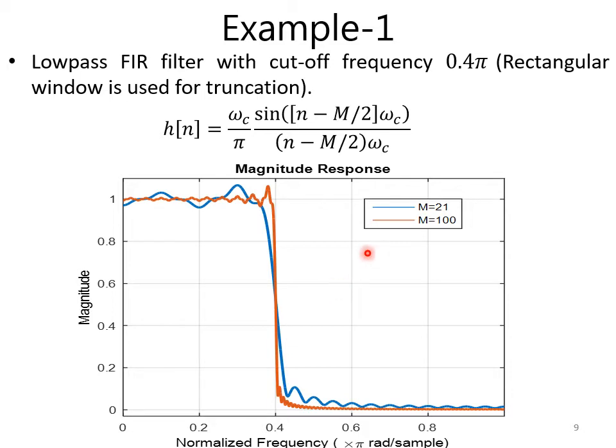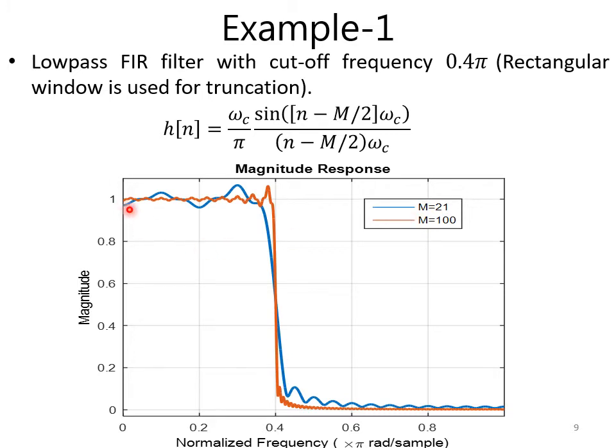So, let me just clarify using example 1 that we solved in the last lecture, in which we designed a low pass filter having cutoff frequency 0.4 pi with the rectangular window function, right? This was the impulse response, which is truncated as well as shifted M upon 2 units to the right, or delayed M upon 2 units. Now in this frequency response, we have M equal to 21, then M equal to 100.